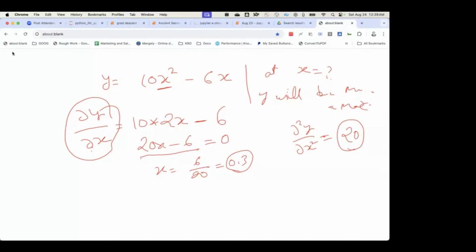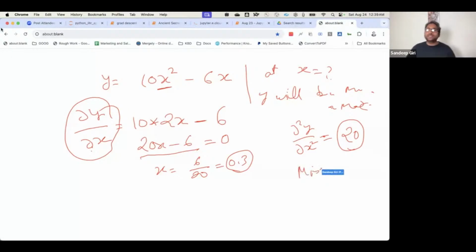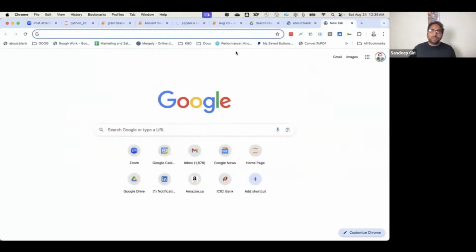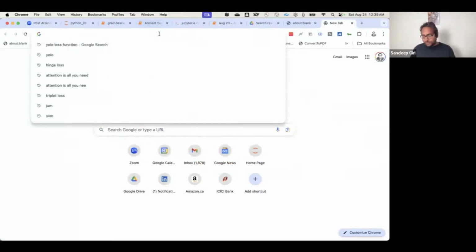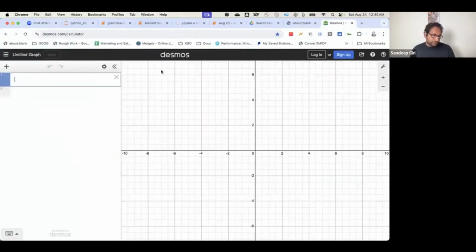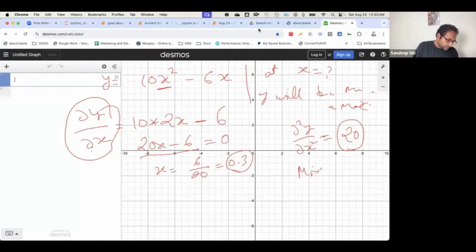Minima, right? Okay, let's just draw this curve and observe it. Desmos calculator, right? What was the function that we just worked on?